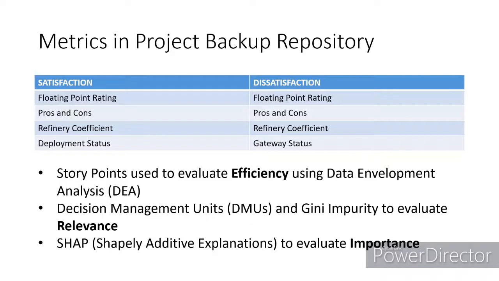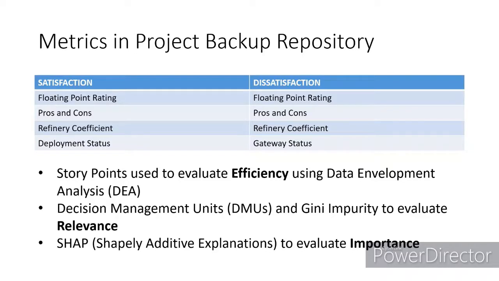The satisfaction rating is displayed during the deployment status when the deployment has happened, and the dissatisfaction rating is displayed on the gateway status. Imagine your product is a go/no-go decision maker product, and the dissatisfaction rating is displayed on the gateway status to explain it better.